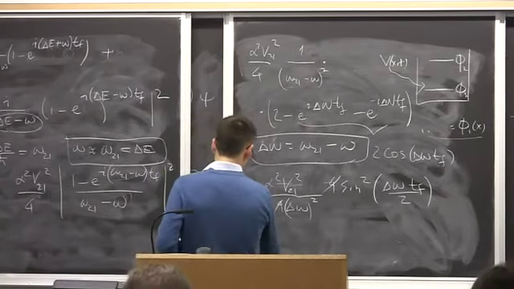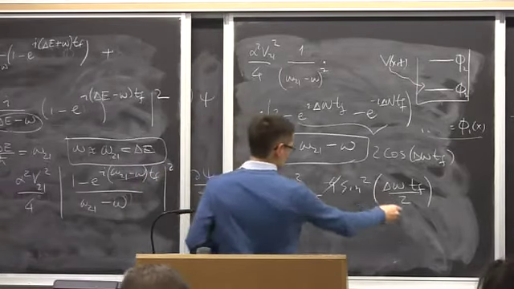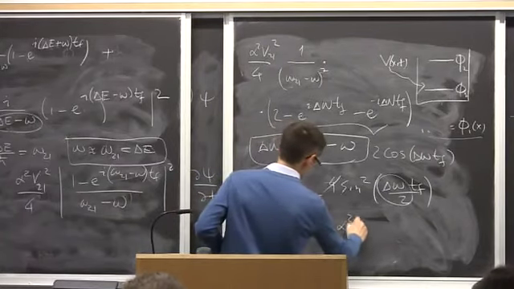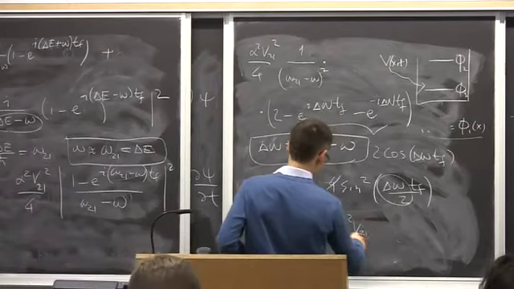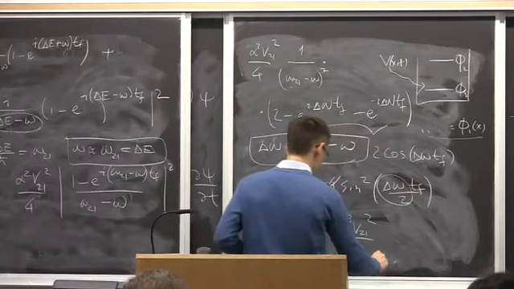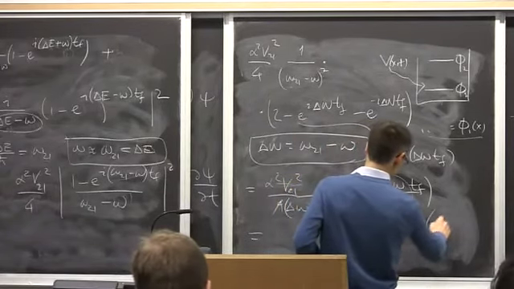Okay, and then to make this whole thing with delta omega divided by 2, we can multiply and divide by 4. So divided by 4, here will be function sine squared.